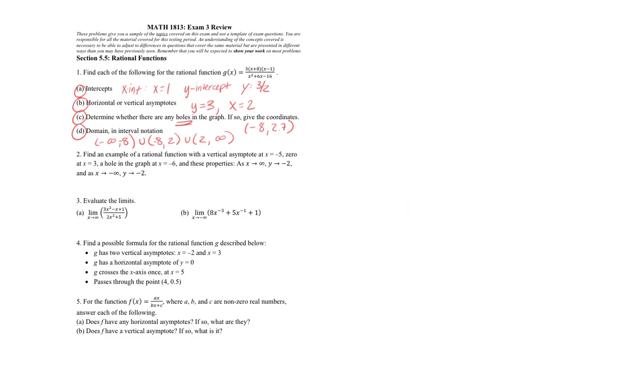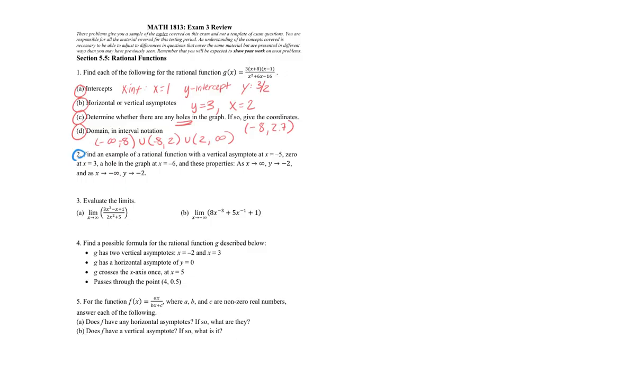Okay, starting with number 2, we're going to find an example of a rational function with a vertical asymptote at x equals negative 5, a 0 at x equals 3, a hole at x equals negative 6, and the following properties. So we're going to go one at a time and slowly build upon each one as we go through this. The easiest one to start with is probably this vertical asymptote at x equals negative 5.